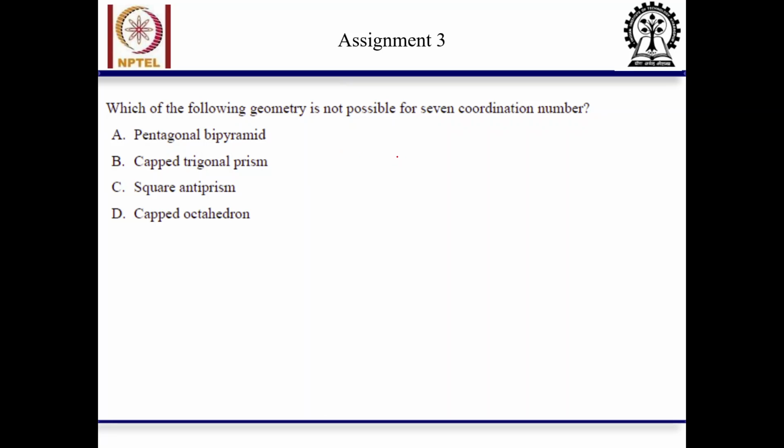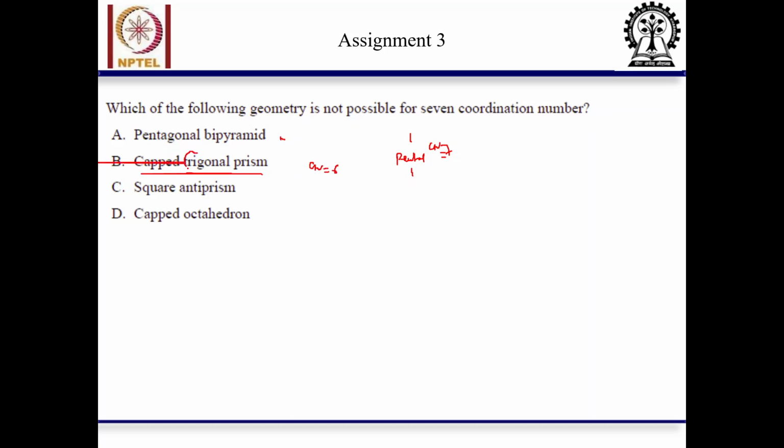So we have a pentagonal plane, and then we have two in the z direction. So the total coordination number is 7. So this first one is already correct for the geometry. Capped trigonal prism: trigonal prism is for coordination number 6, right?